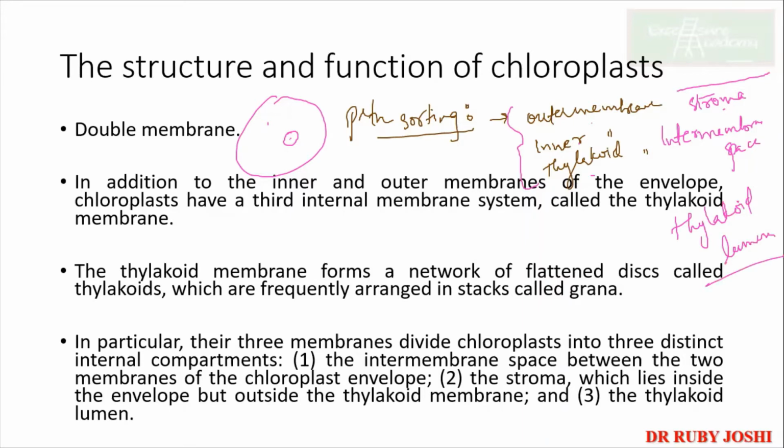So in the case of chloroplasts, the protein sorting of 6 types are needed. Is this clear to everyone? Outer membrane, inner membrane, thylakoid membrane, stroma, intermembrane space, and thylakoid lumen. Yes, Krishita, clear?